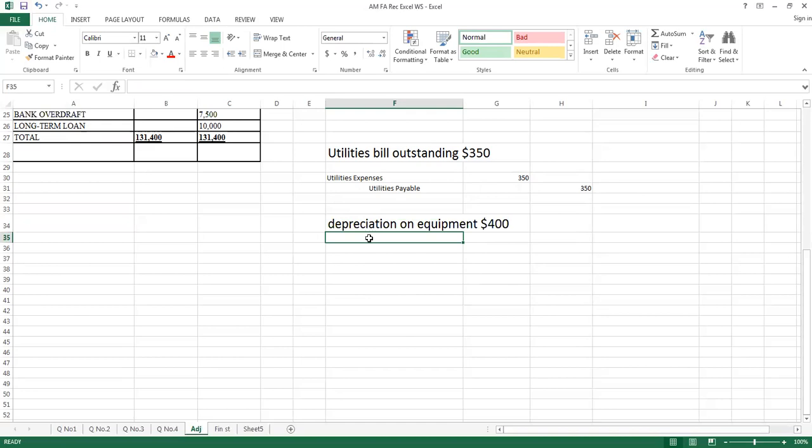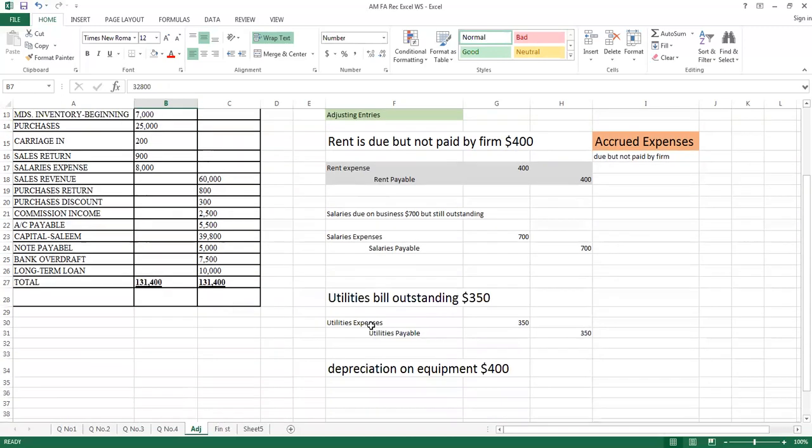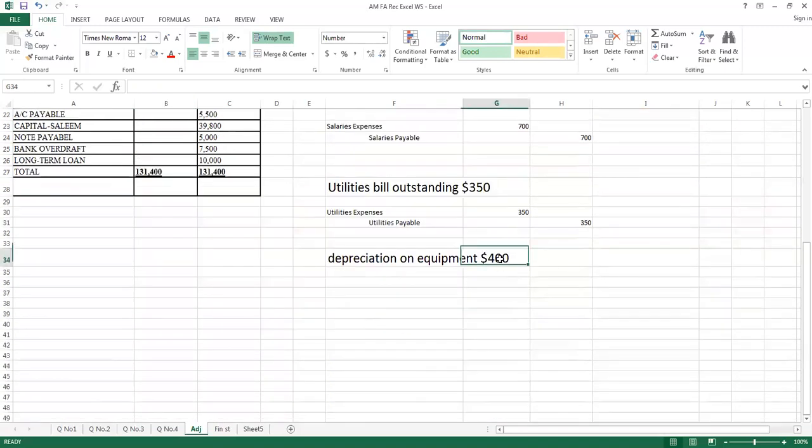We have to report that this much depreciation has been recorded at the end of the year on equipment. Again, check: your equipment value is 32,800. You have to say that this equipment of 32,800 has been depreciated by the business in this year by the amount of $400. So how can I pass the adjusting entry?